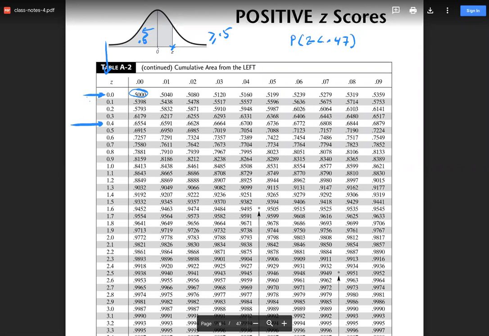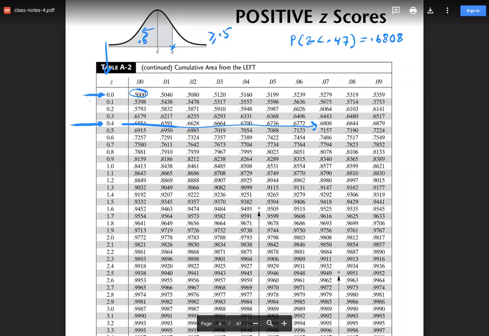And then we go along the row up to 7, which is right here, 0.6808. You should be able to use this table very easily and find the values.